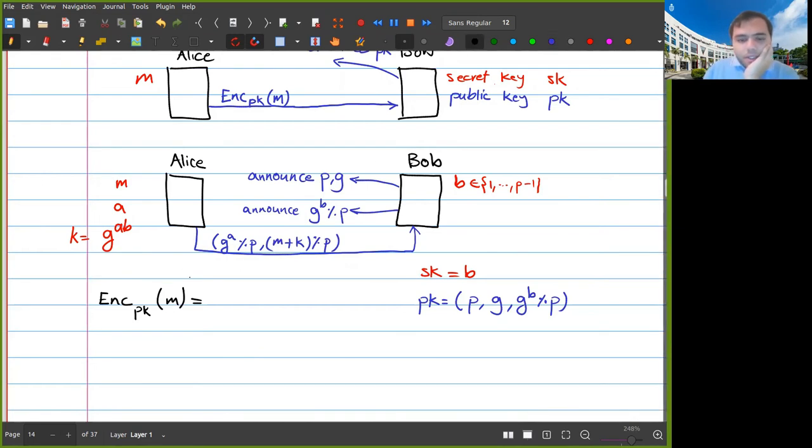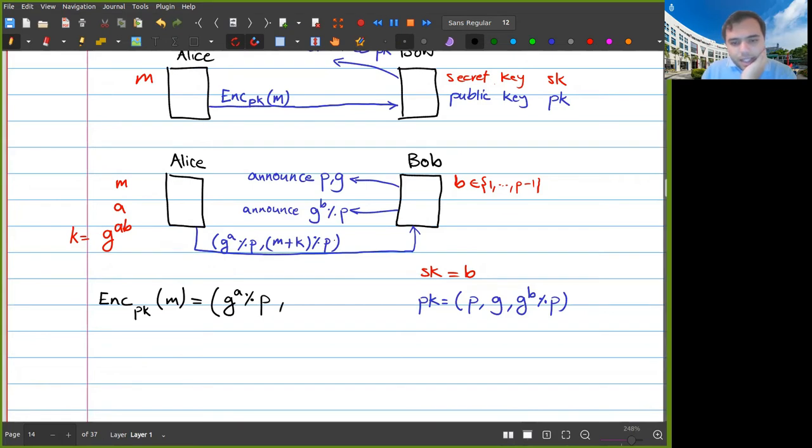And this is how we define our encryption. We say that the encryption of a message M using this public key would basically also be a pair of two numbers. The first number is just G to the power of A modulo P, okay?